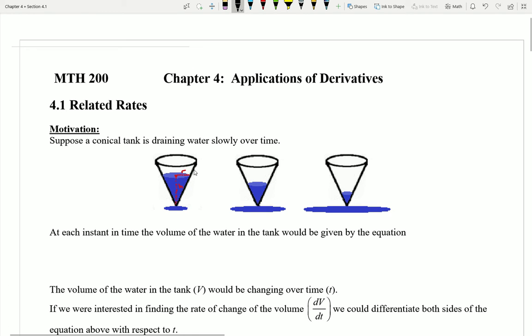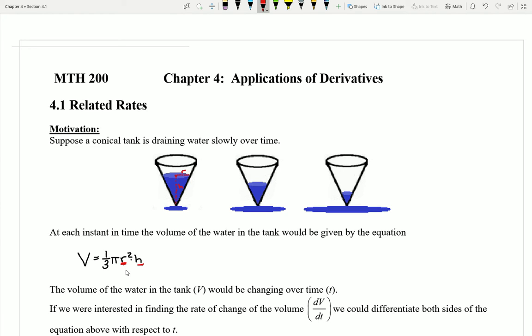Now these values of R and H are going to be used to construct a volume formula. You may recall, or perhaps maybe not, the volume of a cone happens to be 1/3 pi r squared times h. And that again involves this value of r and h that we see in red here in the diagram.